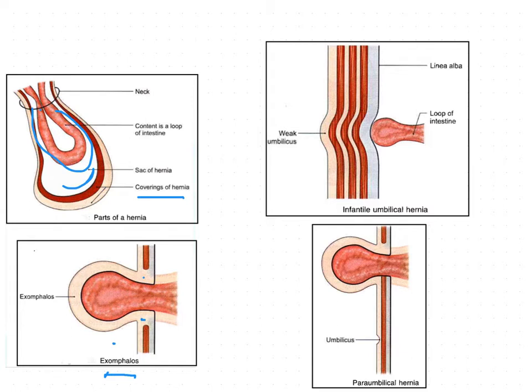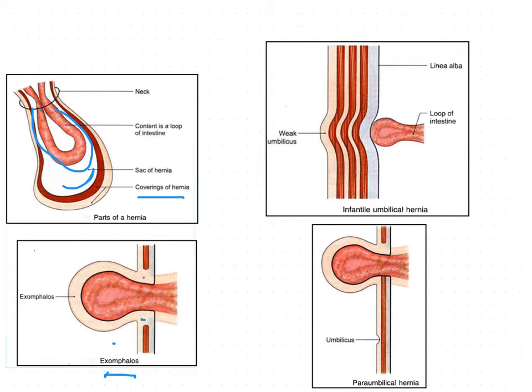Okay. Next, what are the complications of these hernias? It causes irreducibility. That means in the beginning the loop of intestine herniates out but goes back into the abdomen. But sometimes the loop goes out but does not return, leading to an irreducible hernia.